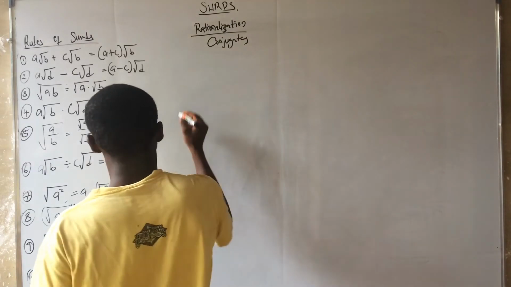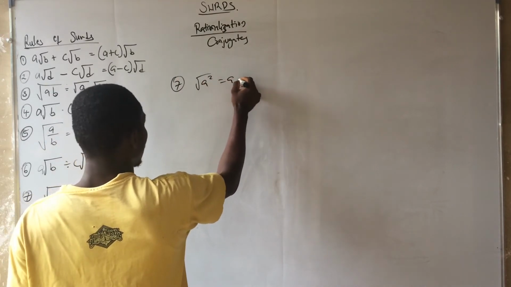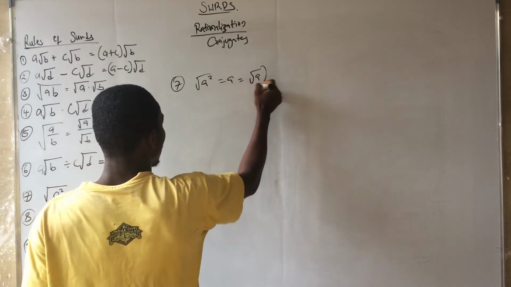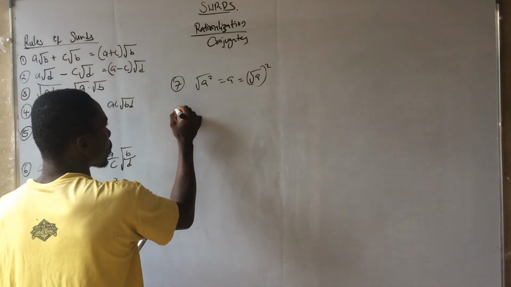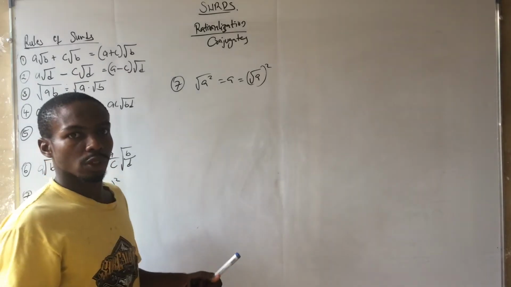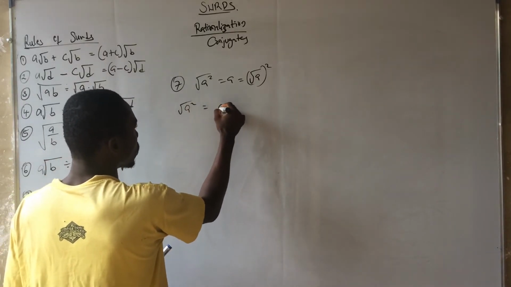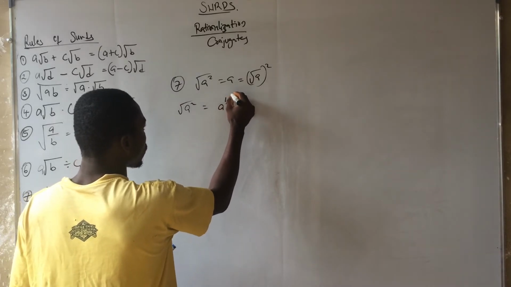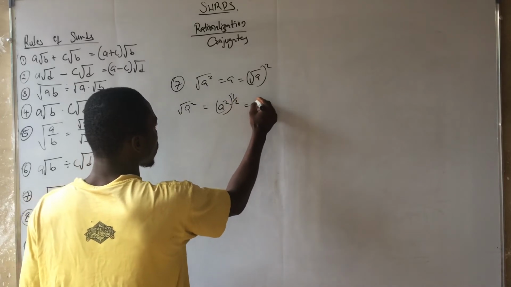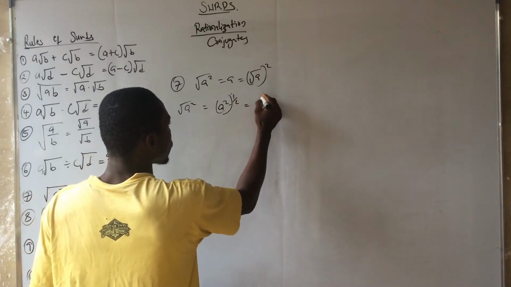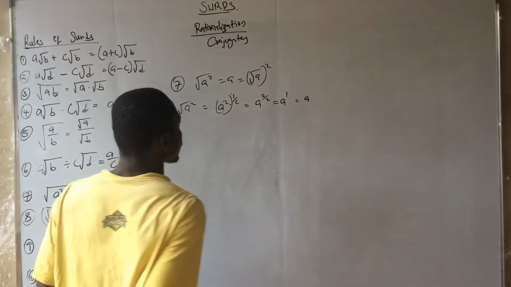So I go to number 7. Root a all squared is equal to a, equal to root a all squared. I'm going to prove this using some laws of indices. I will say root a squared is equal to a to the 1 over 2, all raised to the power 2, to give me a raised to the power 2 over 2, to give me a raised to the power 1, to give me a.